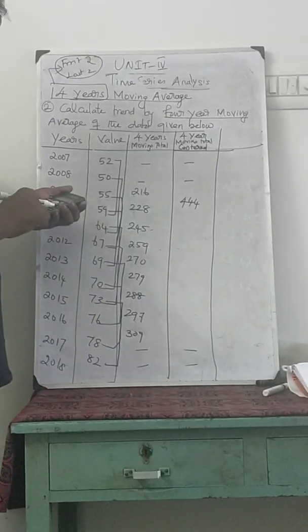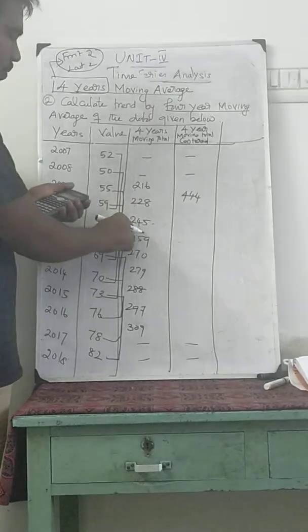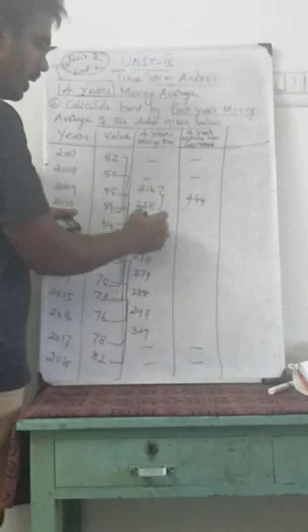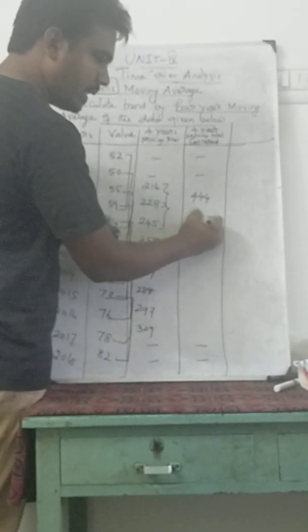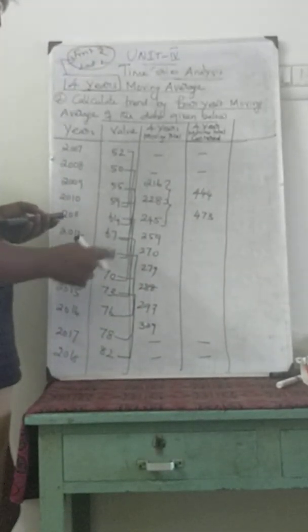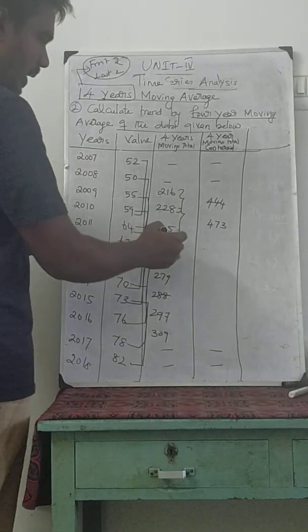Next, forget about this 216. 228 plus 245. How much? 473. Okay, 245. Is it correct? Okay, now the next one.